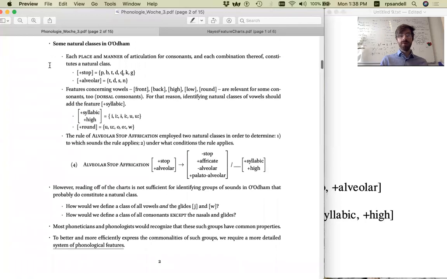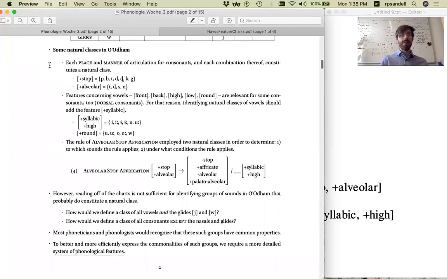So our overall point here is that we're going to need a sophisticated system of phonological features in order to be able to put together groups of sounds that seem to belong together in some way.